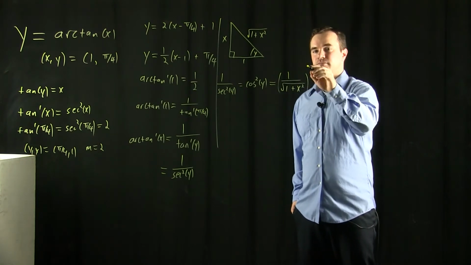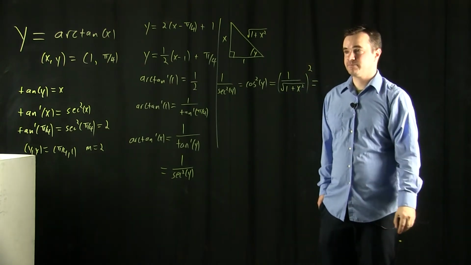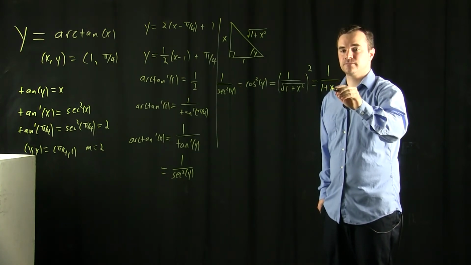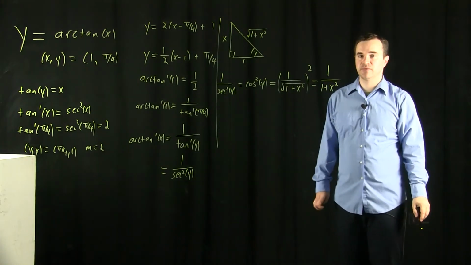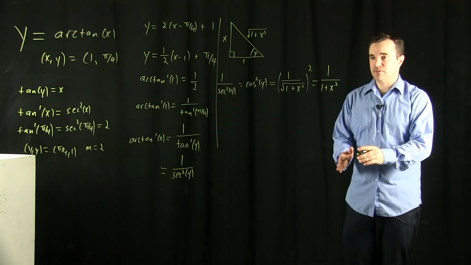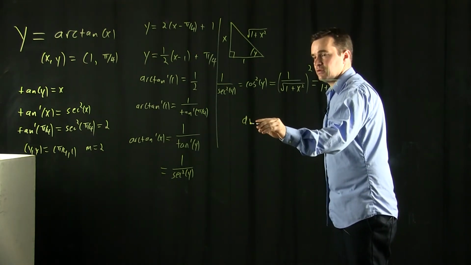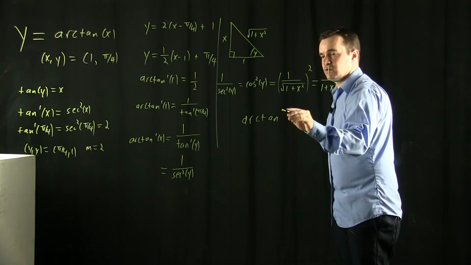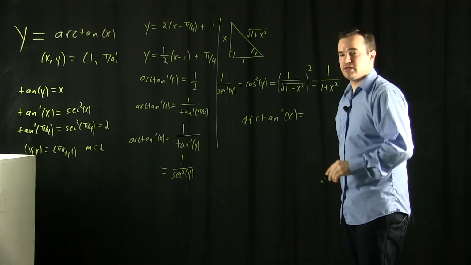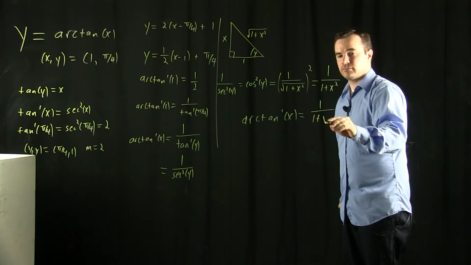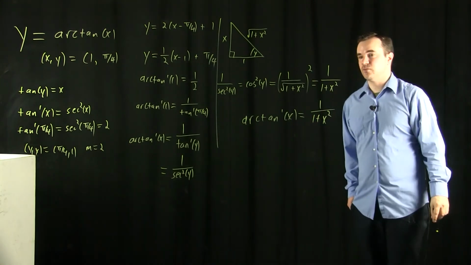And then, of course, I'm squaring it to get 1 over 1 plus x squared. And you put that all together, and that tells you that the derivative of arctangent of x has to be 1 over 1 plus x squared.